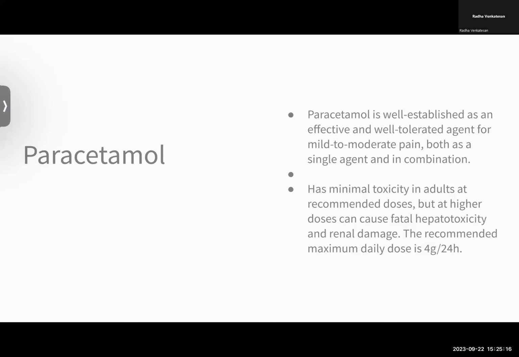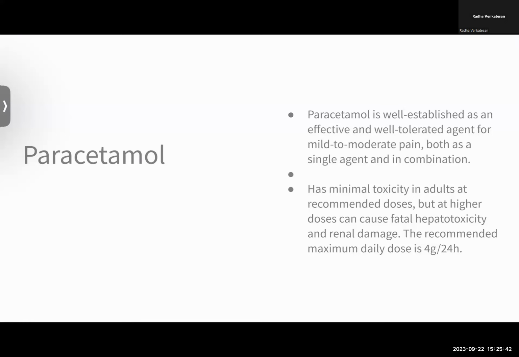Again and again, I am telling you, you have to consider the body weight. 10 to 15 milligram per kilogram body weight is the single dose each time.